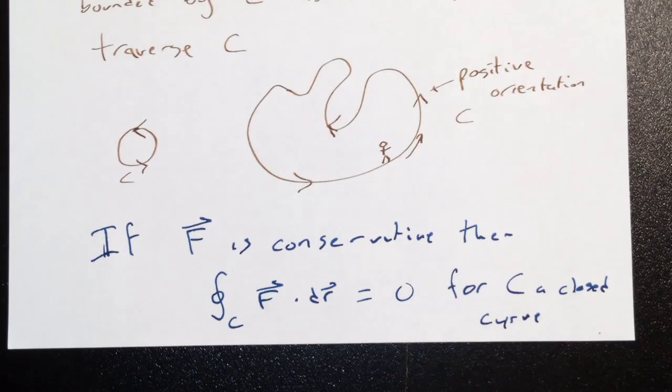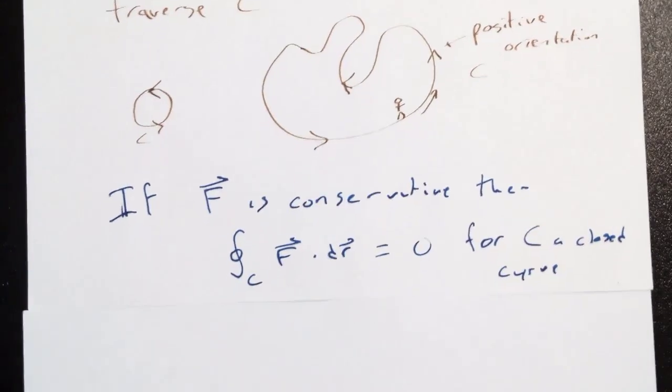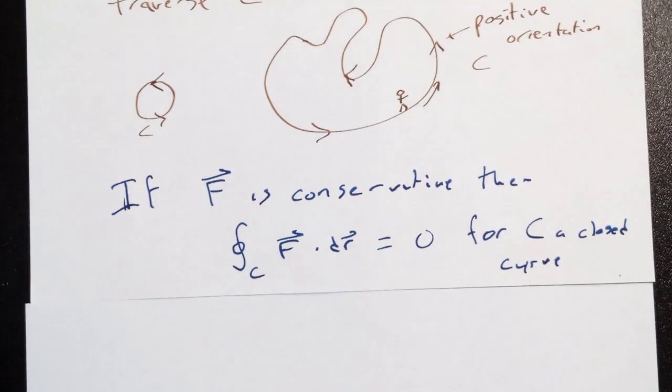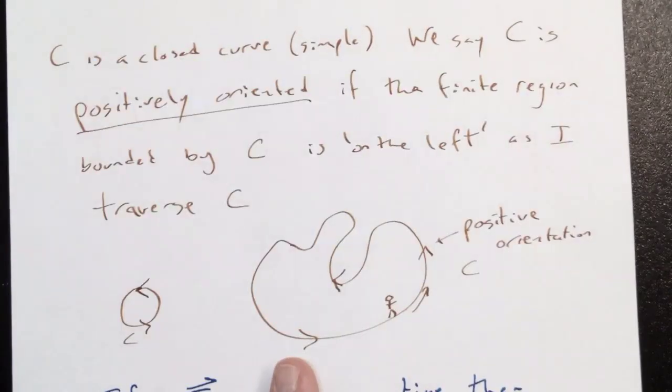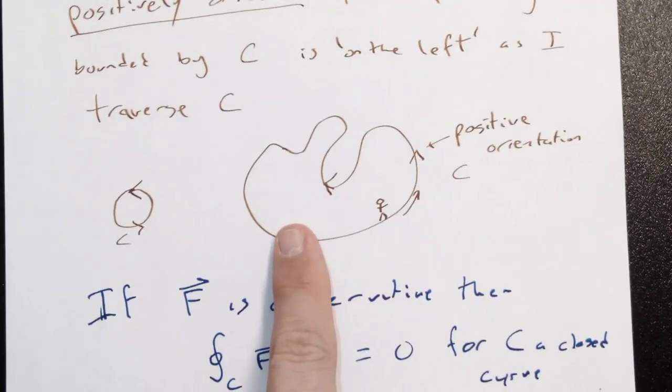What if it's not conservative? If it's not conservative, then I need to actually do the integral the hard way. That's going to suck, especially if C is something ugly, right? I don't want to think about what the parametrization of this curve is going to look like.